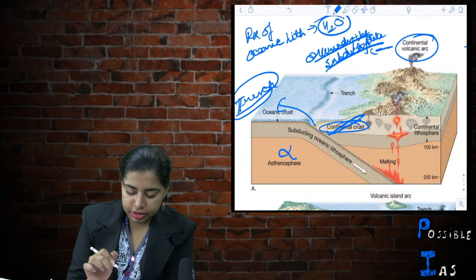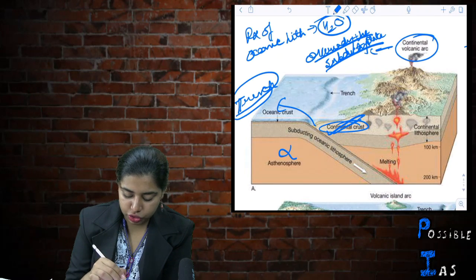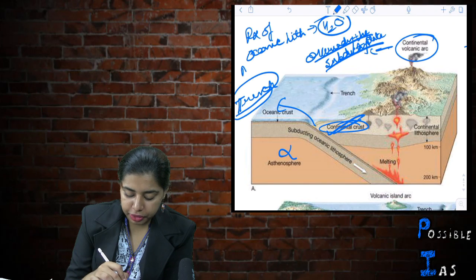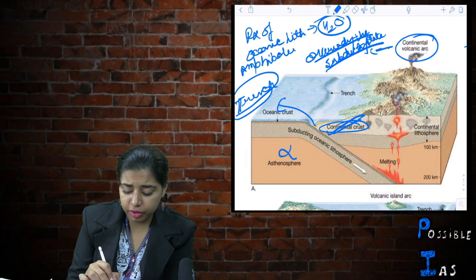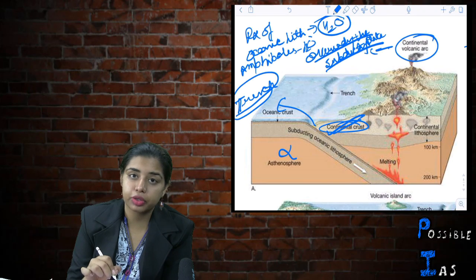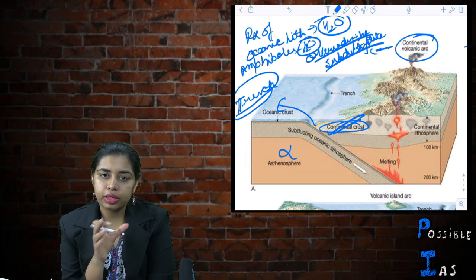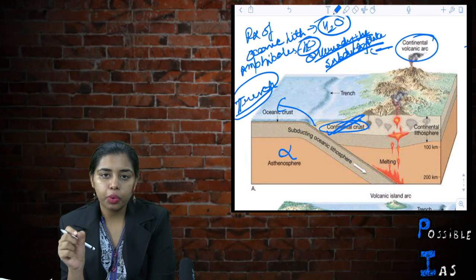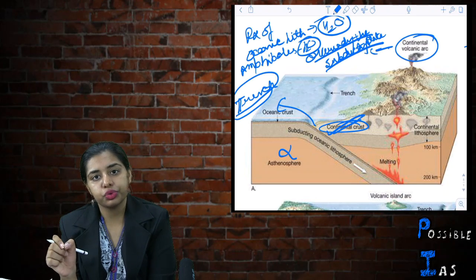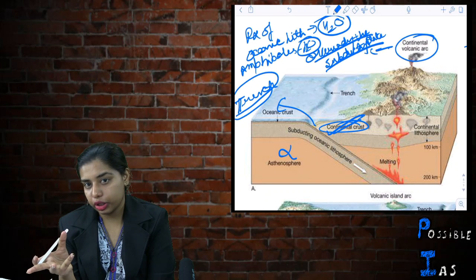Like we did in one of the previous lectures, there are minerals such as amphiboles. These minerals have water content; they are hydrous minerals. The formula of amphibole includes oxides of magnesium, silicon, iron along with 2H2O, 3H2O, 4H2O. That means it has some amount of water molecules with it.